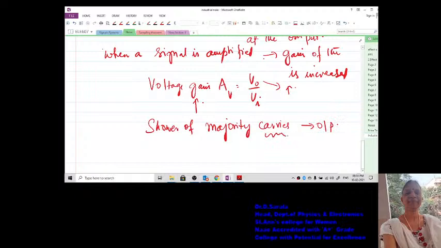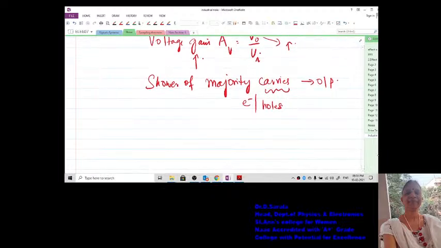These majority carriers can be either electrons or holes, and hence it is known as shot noise. So this is another way in which you look at noise.